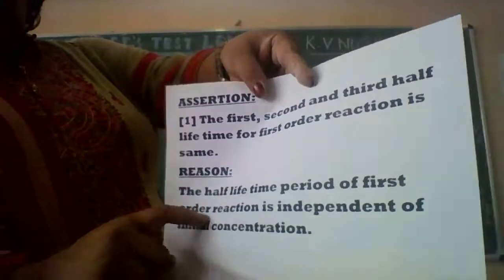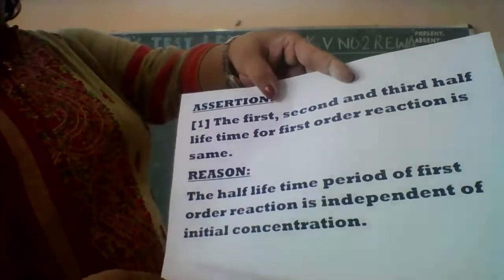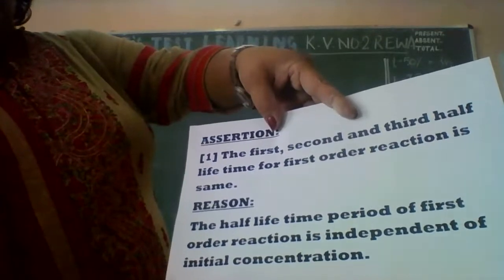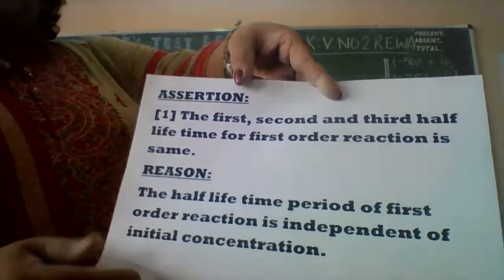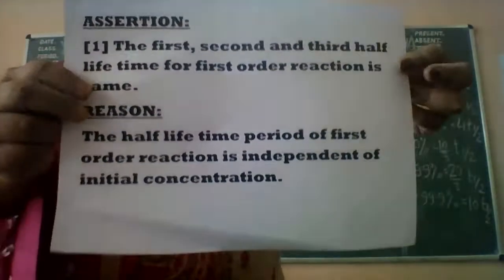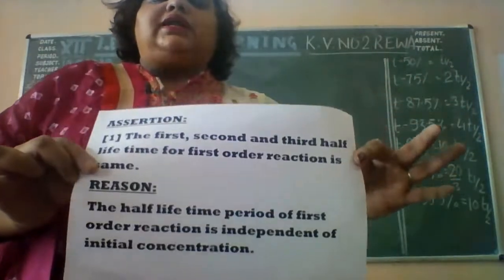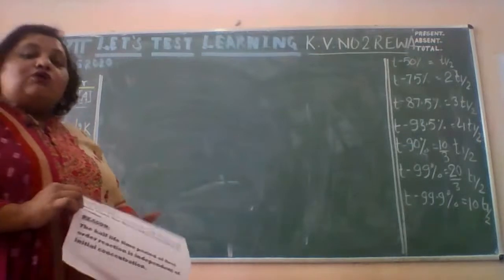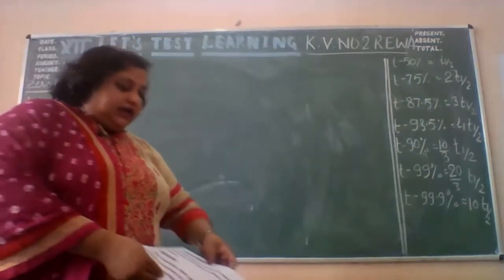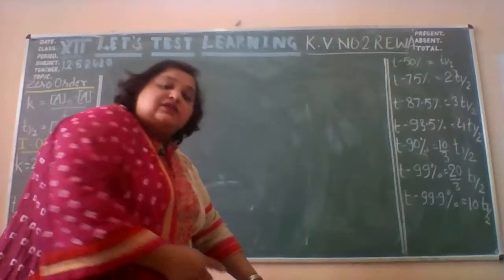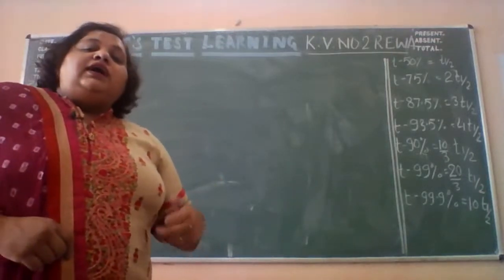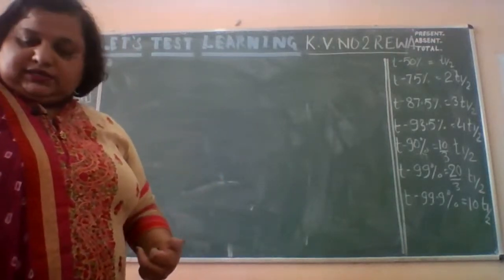The reason I have written: the half-life time period of a first order reaction is independent of the initial concentration. Both the things are right. Reason is also absolutely right and the assertion is also absolutely right. That means its correct answer will be A. Both reason as well as the assertion are correct.